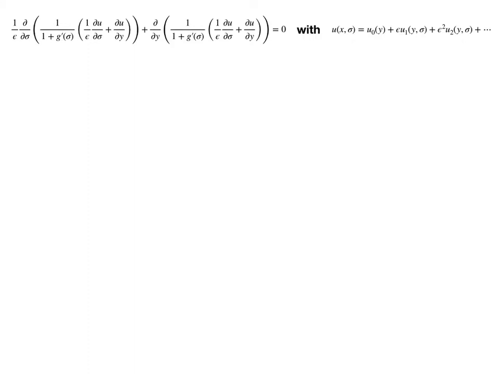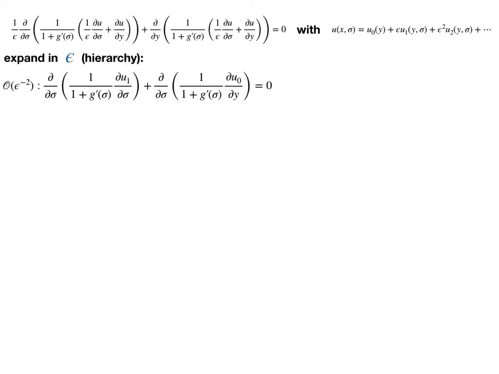Okay, so this is now the partial differential equation and the perturbation expansion that I wrote down on the previous slide. If we expand now in order epsilon, to lowest order of epsilon, we actually have terms of order epsilon to the minus 2, right? Because you see here you have a 1 over epsilon and a 1 over epsilon, so you have these terms that are products of 1 over epsilon, sorry, 1 over epsilon times 1 over epsilon.